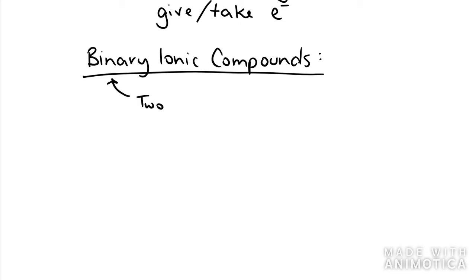So for this one, let's say we are given sodium chloride. This is actually a relatively common one. If you've had any food today that wasn't just fruit or vegetables, I can almost guarantee you that you've had sodium chloride.